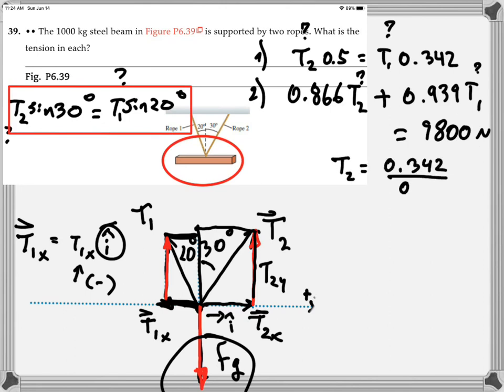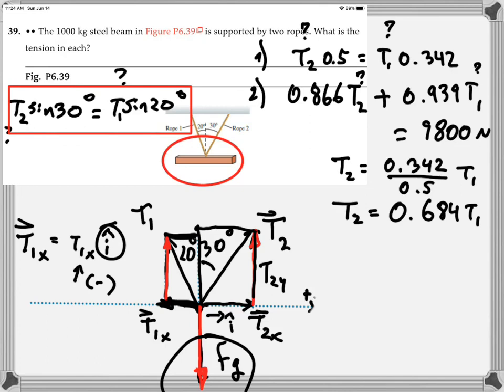So what we're going to do is solve for T2 in the first equation and then replace that value into the second equation. So from the first equation, T2 will be 0.342 divided by 0.5 times T1. Putting in the numbers in the calculator, you get 0.684 times T1 is equal to T2.